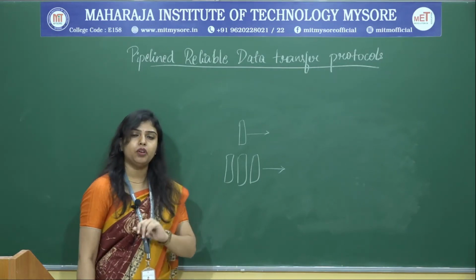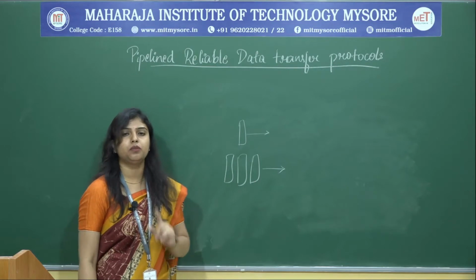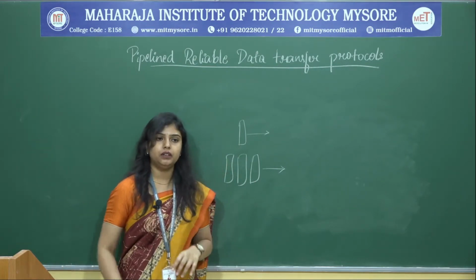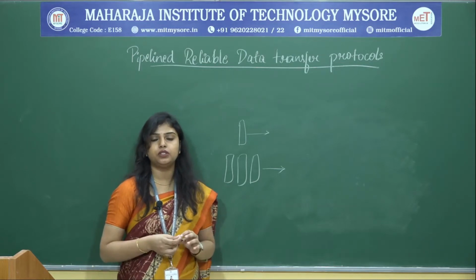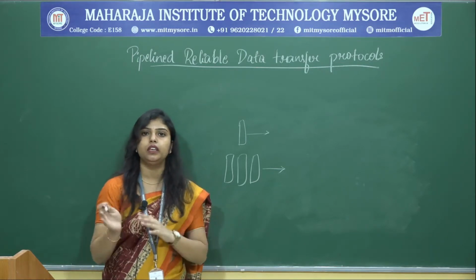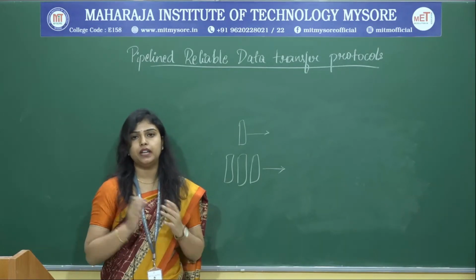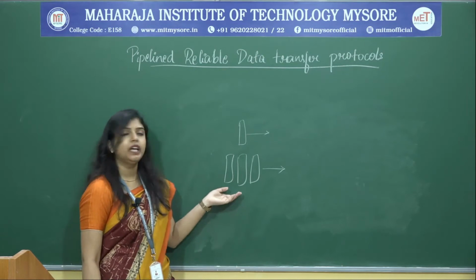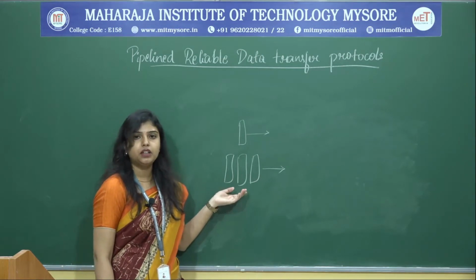To make this possible, we need two mechanisms. The first mechanism is to increase the sequence number. In the earlier session, we saw the sequence number was only between 0 and 1. If that is the case, we cannot send multiple packets, isn't it? For that, we have to increase the sequence numbers.